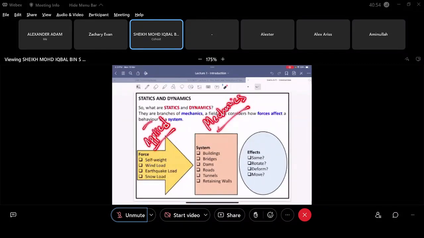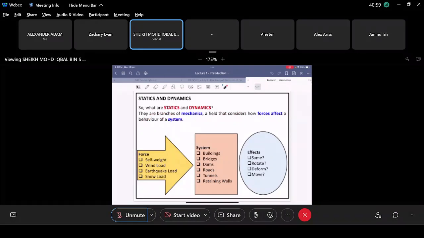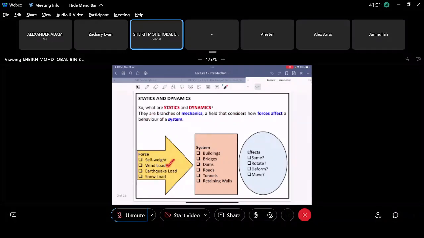So what is applied here is forces, for example the self-weight, the wind load, the earthquake, the snow load. There are a lot of forces in the environment. If you still remember your civil engineering materials, you have lightweight aggregate, middleweight aggregate, heavyweight aggregate, and all that has their own weight. So when you use that material for construction, they have varying weight.